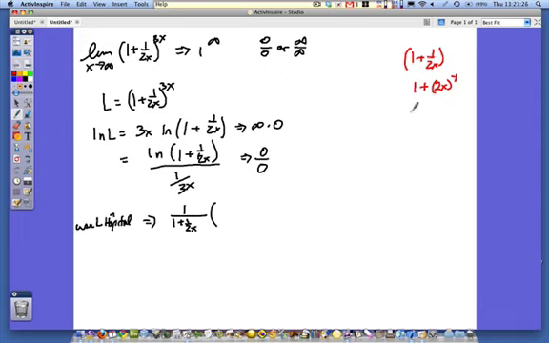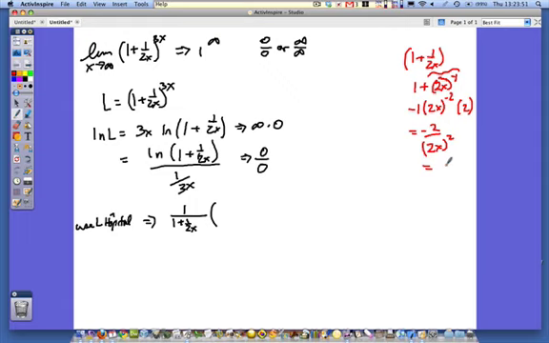Derivative of 1 is 0. Derivative of this term is negative 1 times (2x) to the negative 2 times the derivative of the inside stuff. Right? Outside function, inside function. So if I simplify that just a bit, I get negative 2 over (2x) squared.